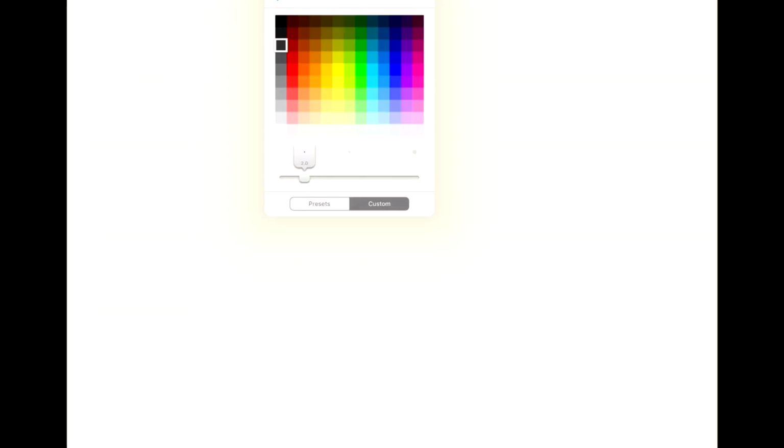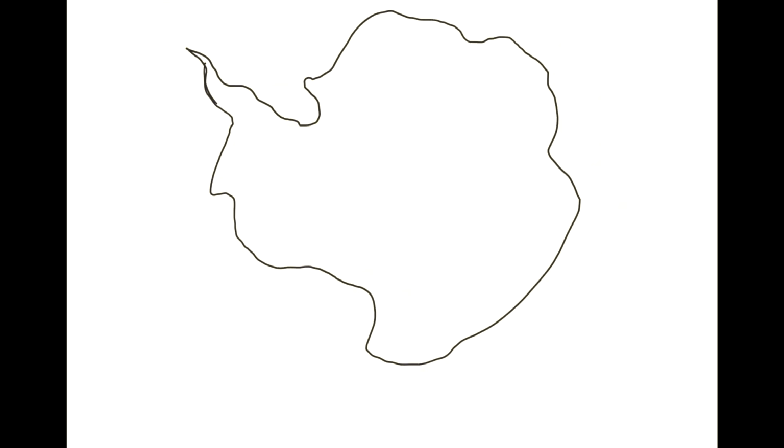So let's draw an outline of Antarctica. And about 98% of this landmass is covered by an ice sheet.